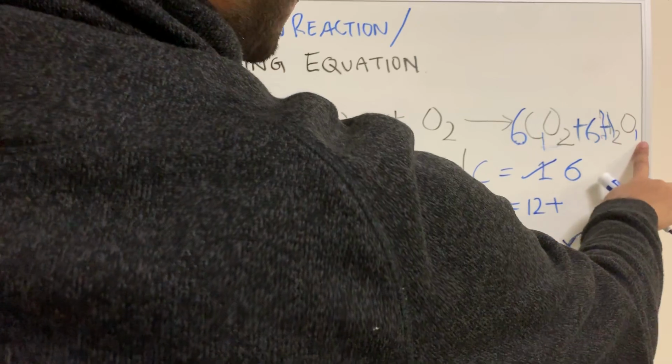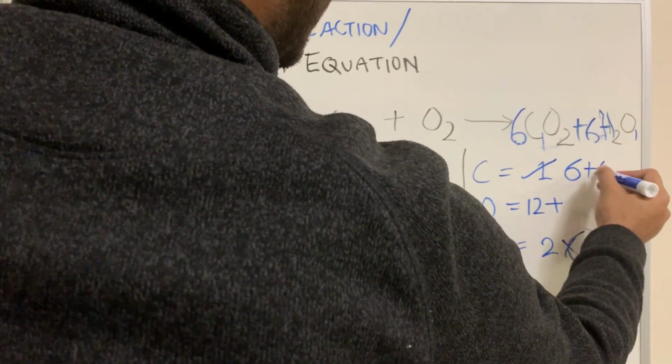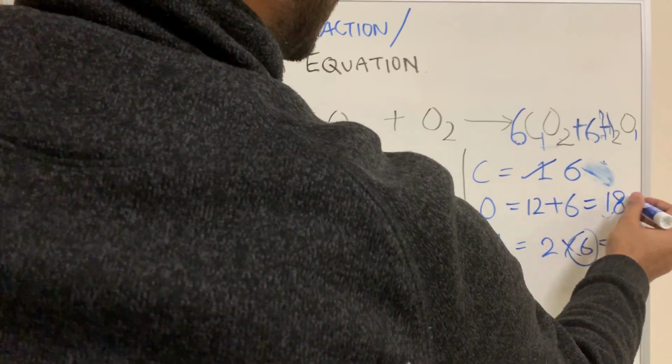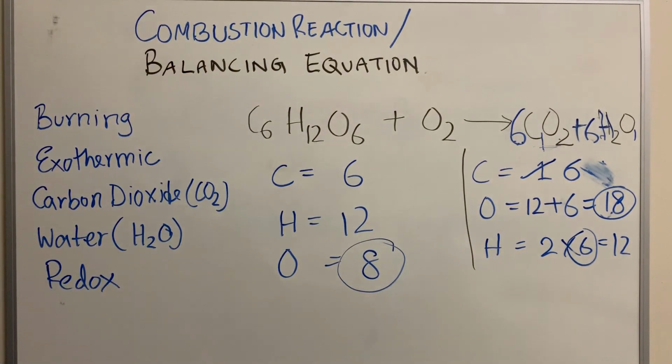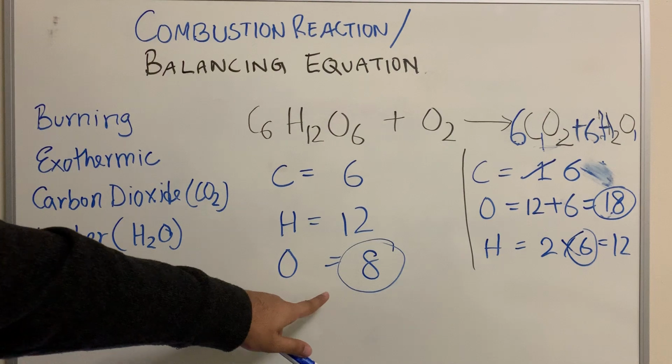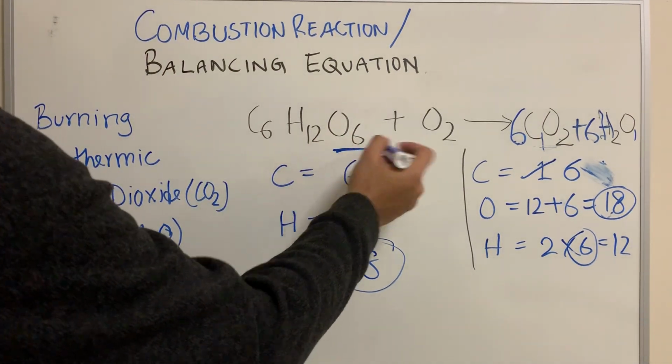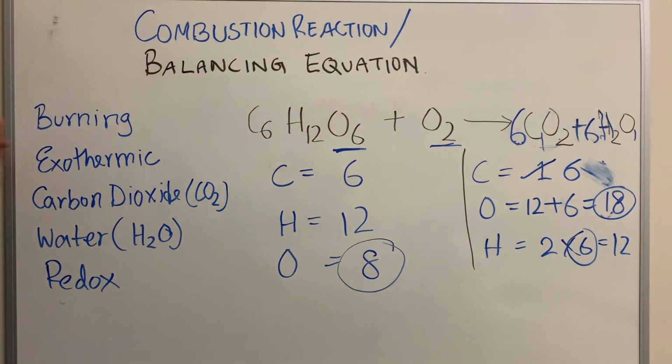So 6 times 1 oxygen gives you another 6. Sorry, not here. So now you have 18 atoms of oxygen. To balance that total number of oxygen on the left-hand side and make this 18, you have 6 oxygens here, and you have 2 oxygens here.